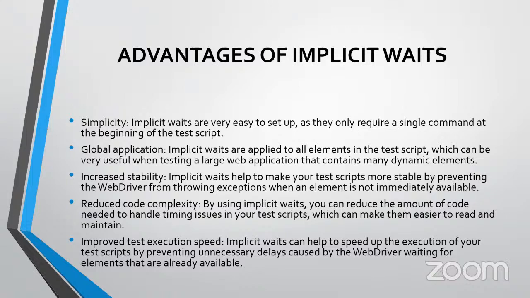Yeah, it's just like Mr. Deji said, it's global when compared to explicit and thread.sleep. When you talk about implicit, you're talking about all the things you're going to run.